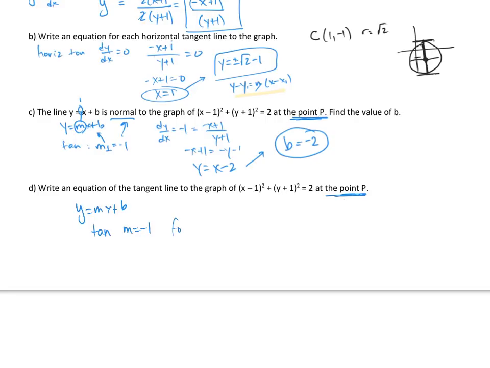It doesn't matter where P is on the circle. Well, it does matter where P is on the circle, but we're just working with what we have. And here we know the b is -2 from the previous problem, so we just end up with y equals -x minus 2.